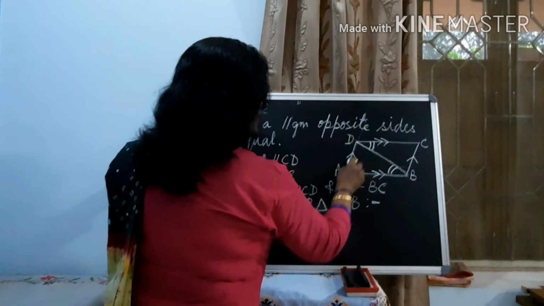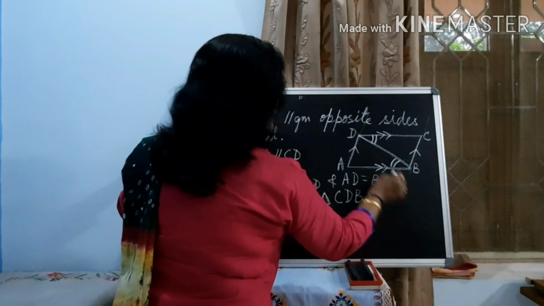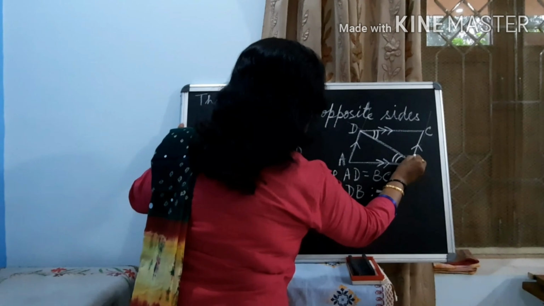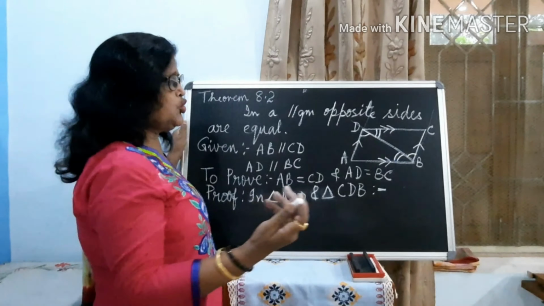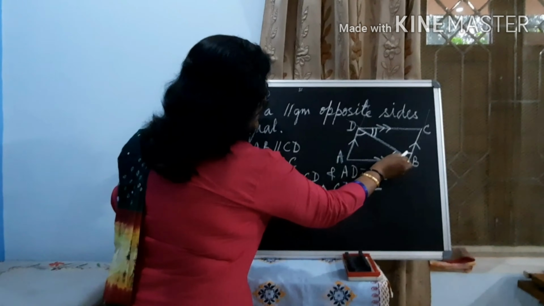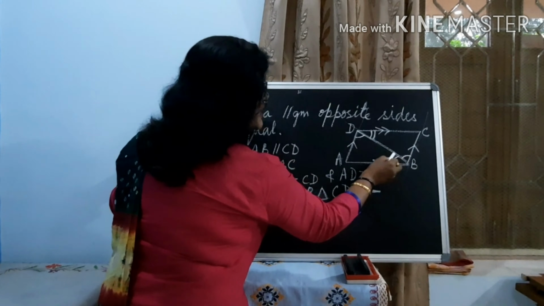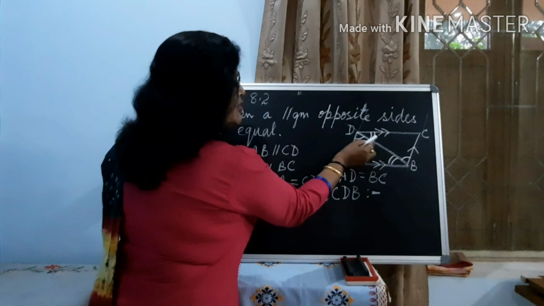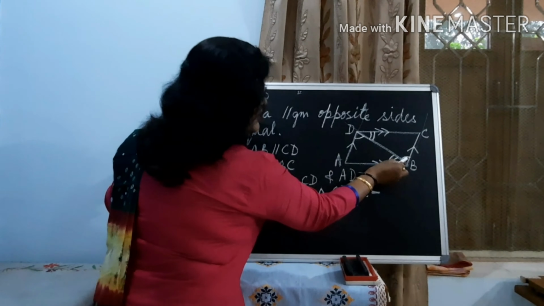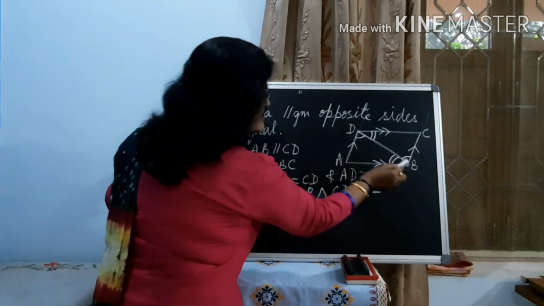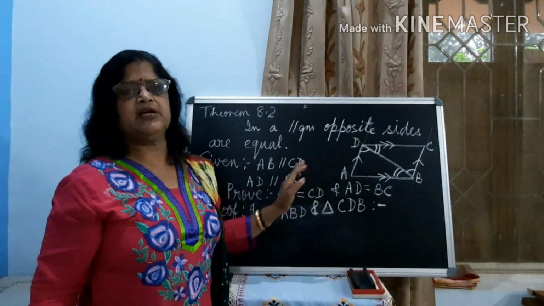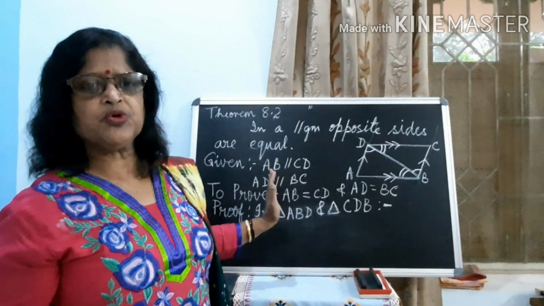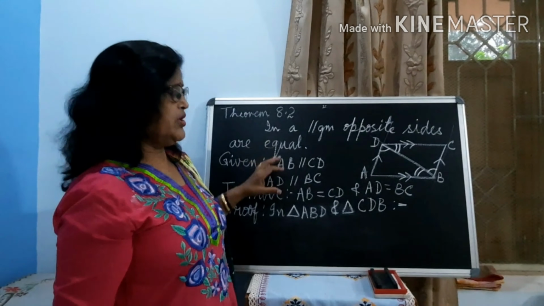And if I take these two lines to be parallel and this is the transversal, then this angle will be equal to this angle. So what do we get? A, S, A: between two given equal angles, one side is the same. So the ASA criterion is exactly fitting to prove our required theorem.